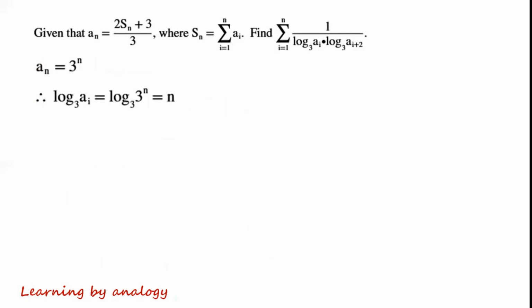So log to the base 3 of ai equals log to the base 3 of 3 to the power of i, which is equal to i.